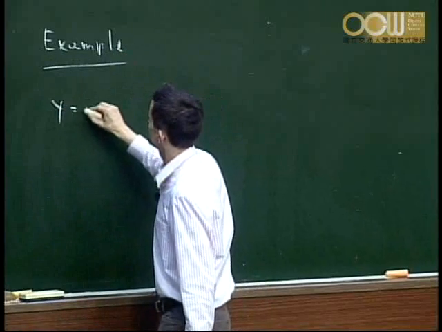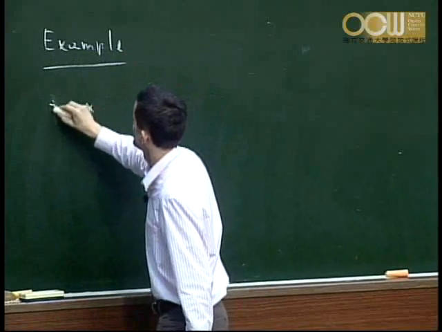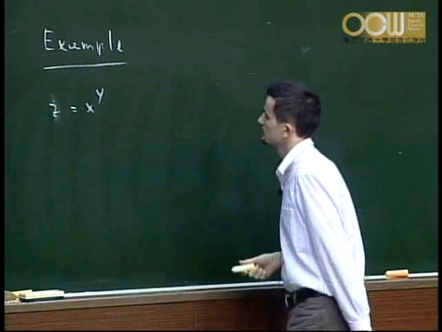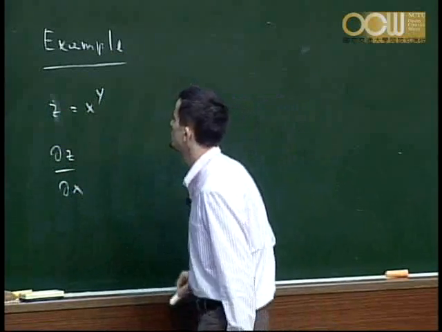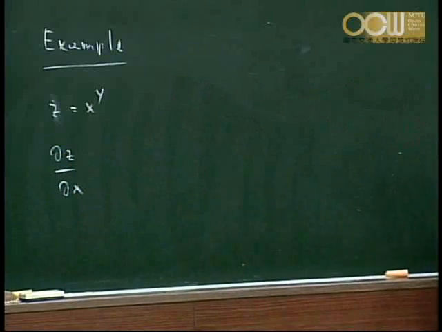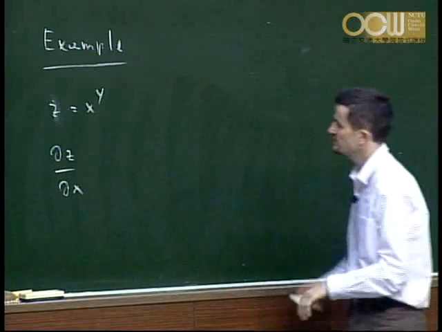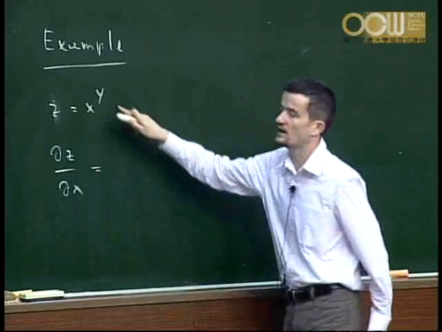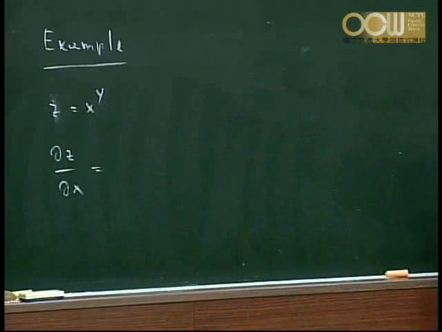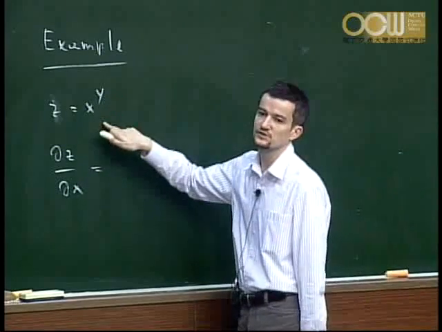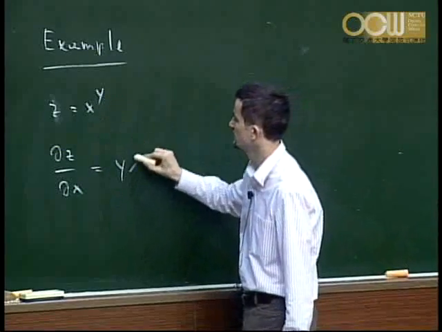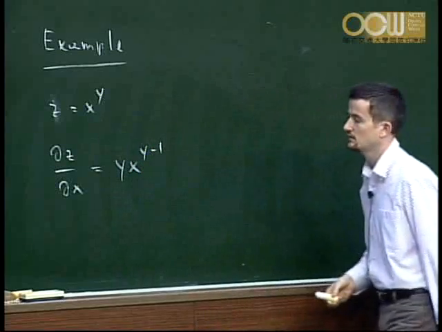Let's look at an easy example, for instance, this one. Here, if we are asked to compute the partial derivative first with respect to x, this means that y is a constant. You can look at y as a constant. You take the derivative, so you interpret this as a function of x. So the derivative becomes y x to the y minus 1.